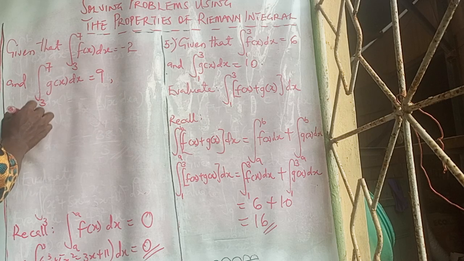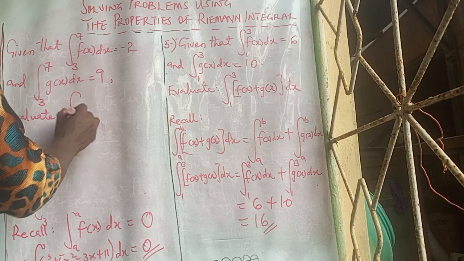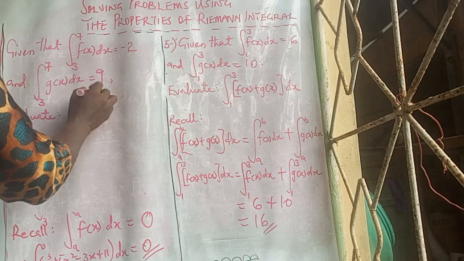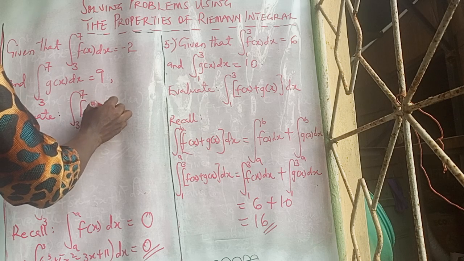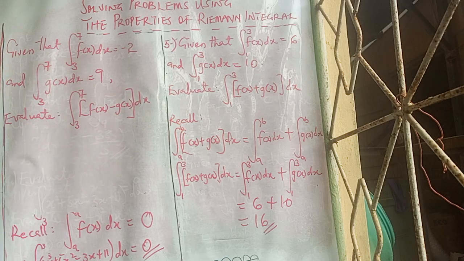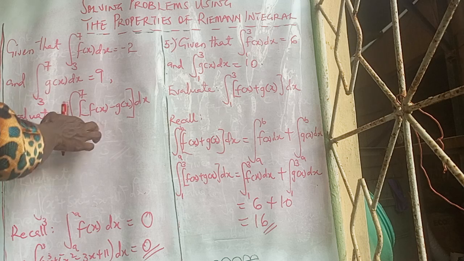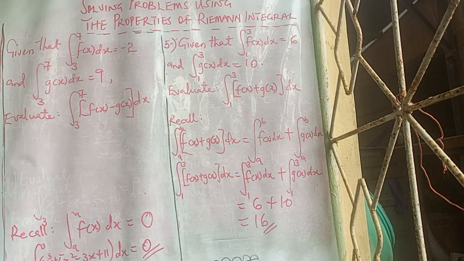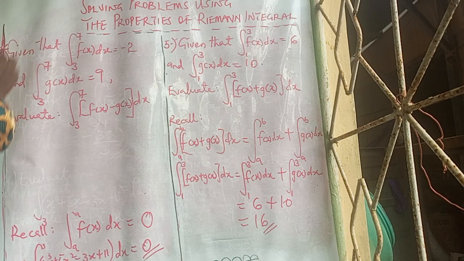We are told to evaluate the integral from 3 to 7 of f of x minus g of x dx. I expect that we should be able to try our hands on this using the sample of the addition rule. Try your hands on that and leave your answer in the comment section.